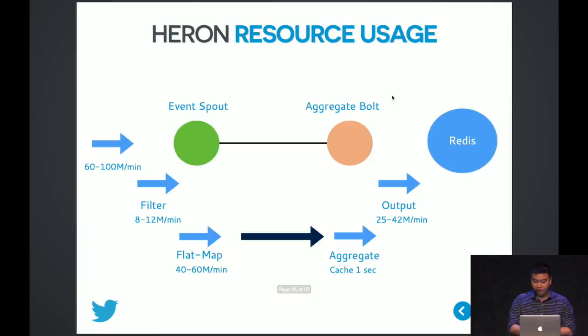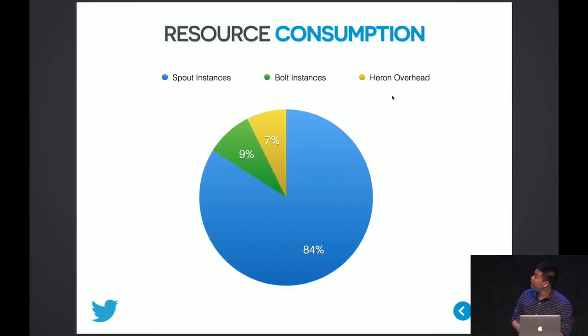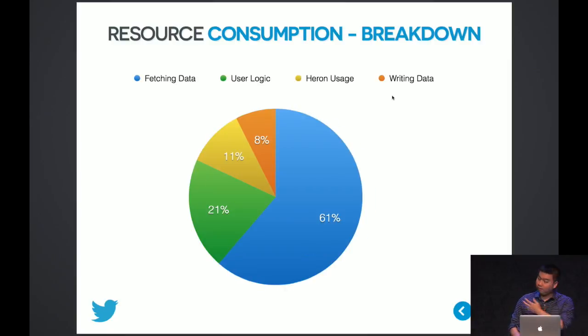That's most likely for aggregation and output. And around 7% of the resources are used by Heron. So that means the overhead may be just around 7%. It's pretty small. So most of the time or resources are spent on the user core logic. And this is some other charts.